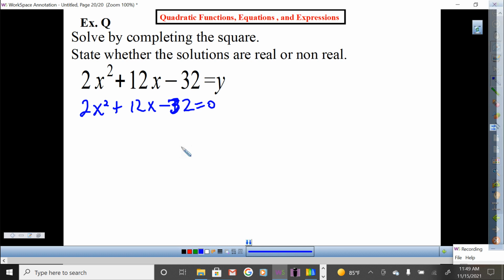Next. Divide by the leading coefficient. What's my leading coefficient? 2. So we end up with x squared plus 6x minus 16 equal to 0. From there, next step.